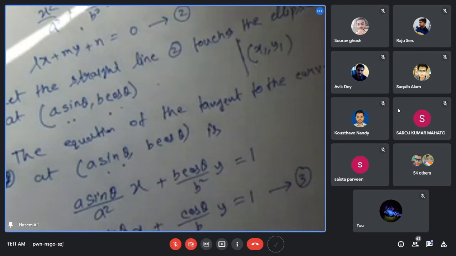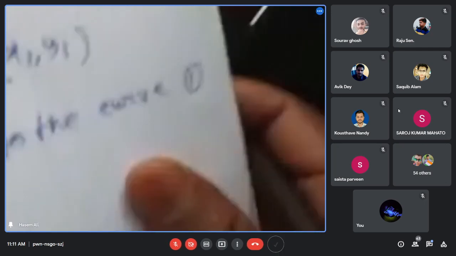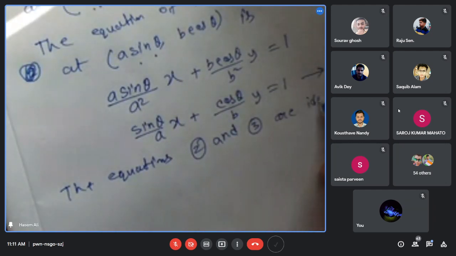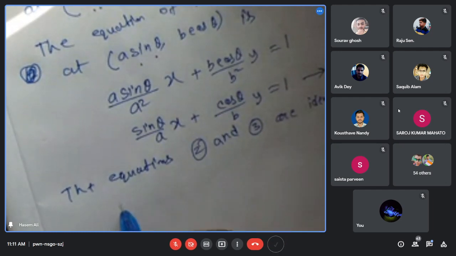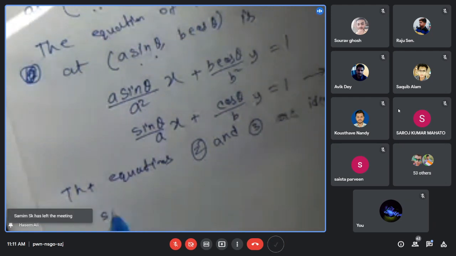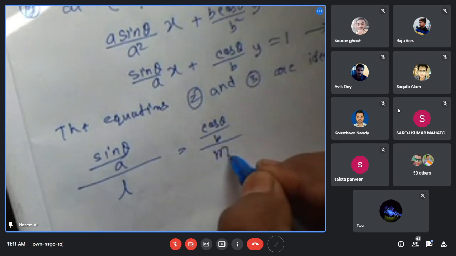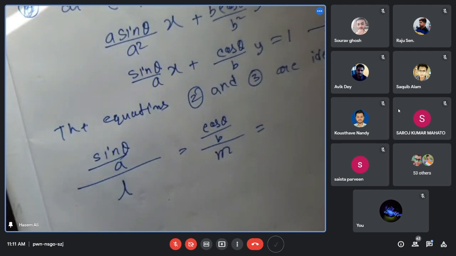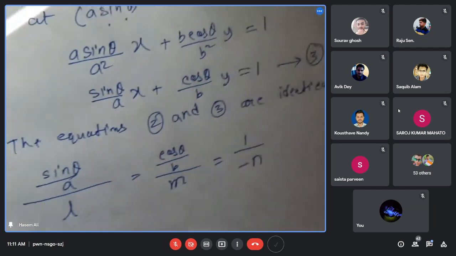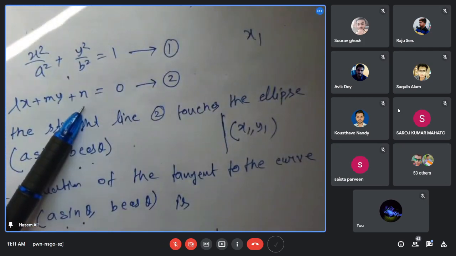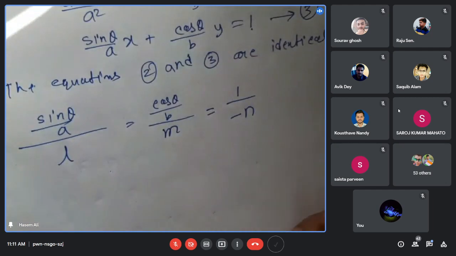The equations 2 and 3 are identical. So we have (sin theta/a)/L = (cos theta/b)/m = 1/(−n), because here 1 is on the right side and n is on the left side, so it will be 1 by minus n.